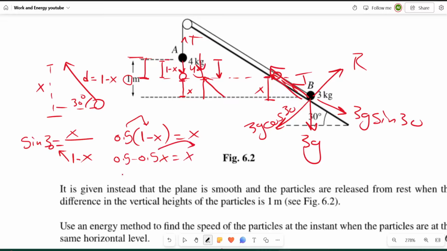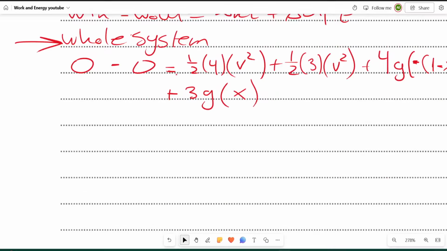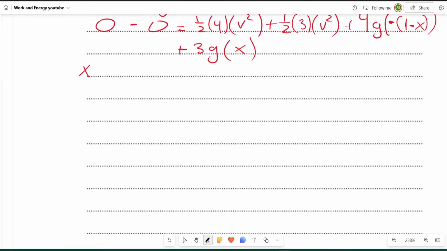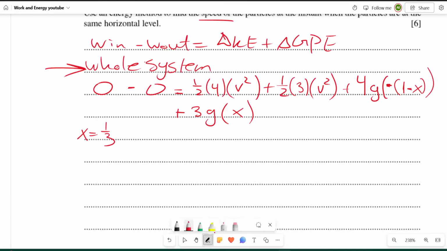Moving it to the other side, 0.5 equals 1 plus 0.5, which is 1.5x. Dividing both sides by 1.5, x equals 1 over 3 meters. So this is the distance x, and from here I can replace x with 1 over 3. Any x that I have here, I'm going to replace with 1 over 3.